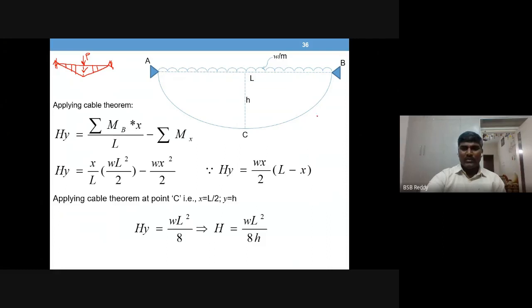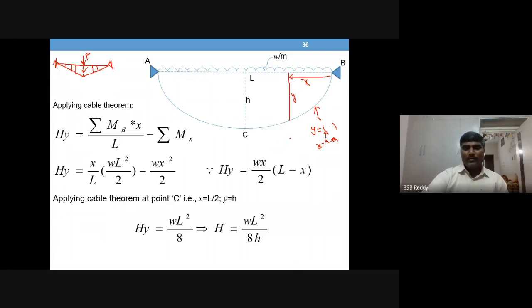If you have an equation for this curve, if I say this is some y value at some distance x, so if you know the equation of this curvature as y equal to some expression, then if you substitute x equal to 1 meter or 2 meters, you will get the y value at that point. So that is the requirement here.